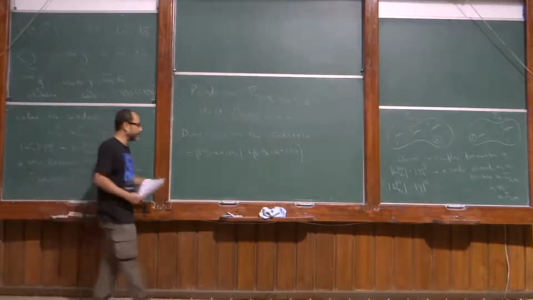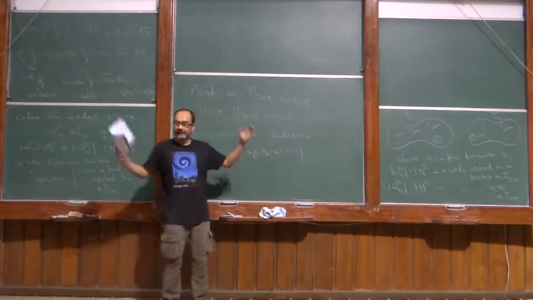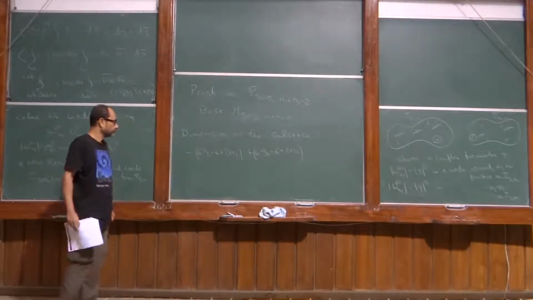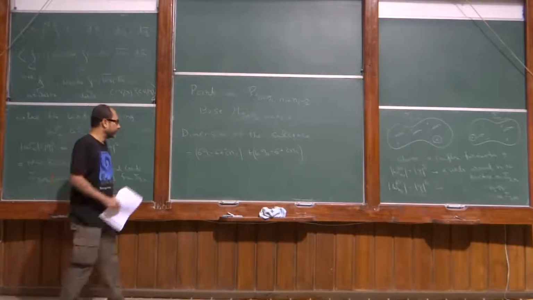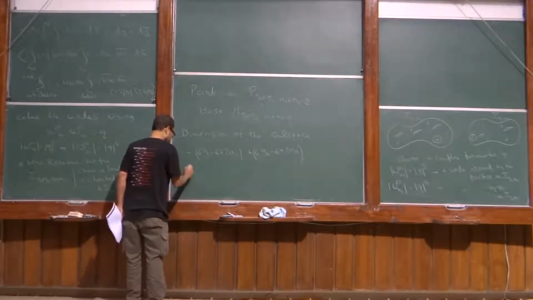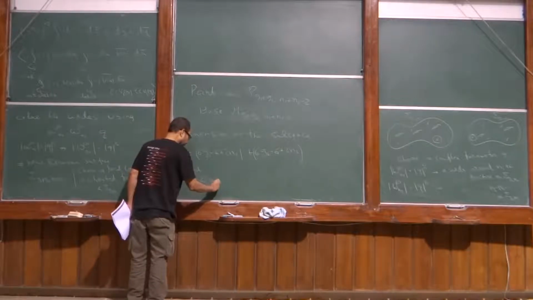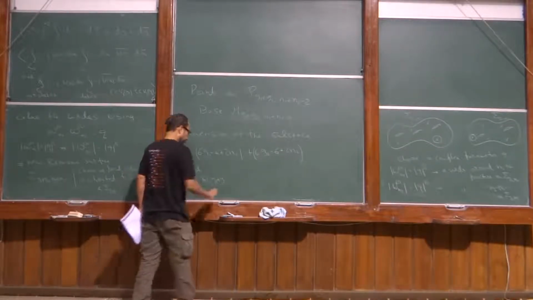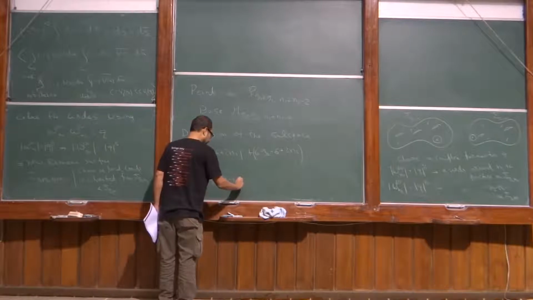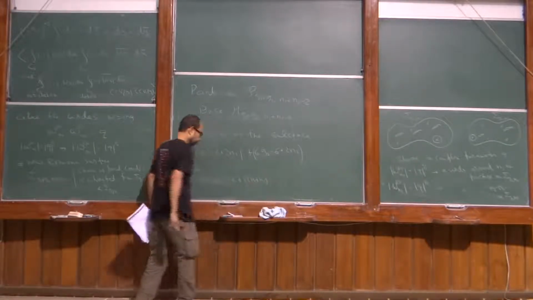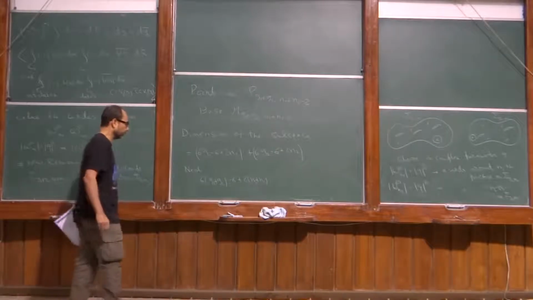So all of these are still parameters that label the final set of Riemann surfaces. But how many do we need? We need 6 times g1 plus g2, minus 6, plus 2 times n1 plus n2, minus 2.